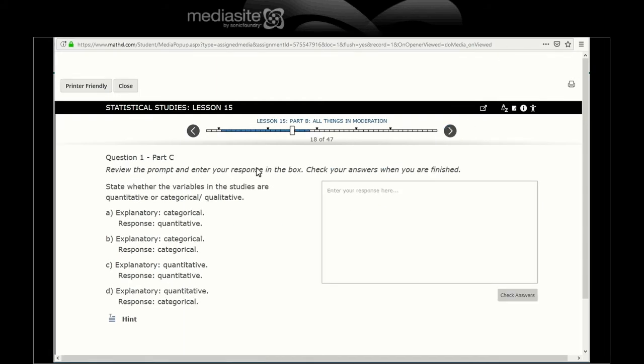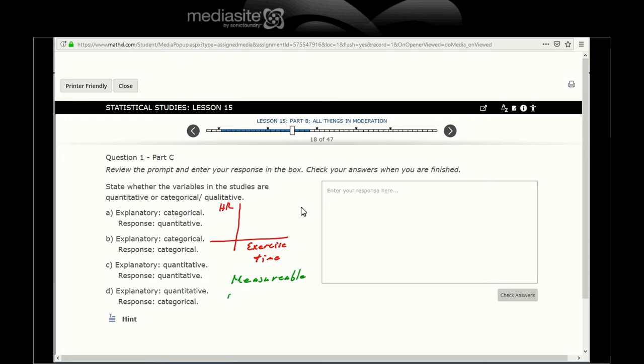View the prompt and enter response. State whether the variables in the studies are quantitative or categorical. Heart rate. Exercise time. Both are measurable. Both I can do math on.